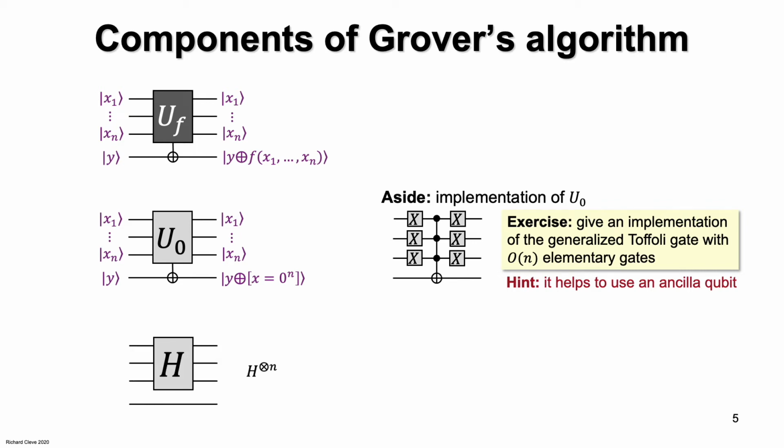A third operation that we'll use is the n-qubit Hadamard gate, by which we just mean the n-fold tensor product of 1 qubit Hadamards. So the tensor n in the exponent is implicit in these gates.